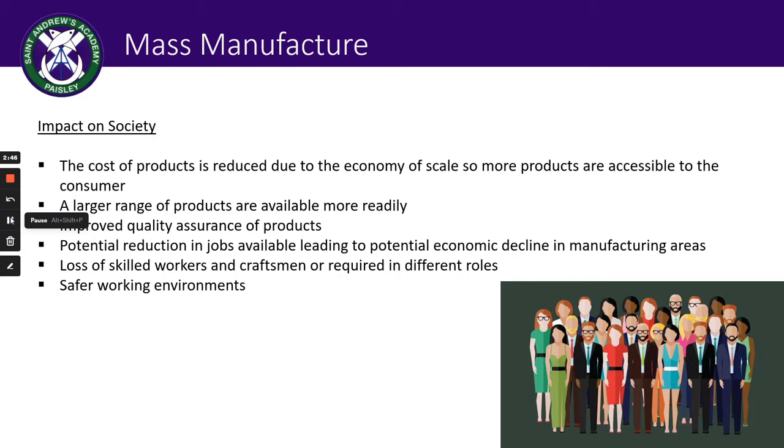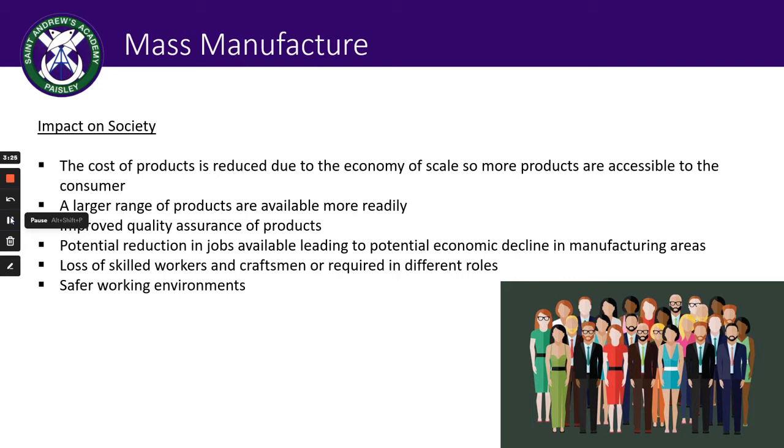And the advantage of this is that it gives people access to lifestyles that they may not have previously had. And what I mean by this, for example, is like people could decorate their house using the latest designs and the latest fashions from somewhere like IKEA, where well-designed products are affordable because of this mass manufacture. It also leads to improved quality assurance, meaning that there's a lot less faults in the product because they're created identically in a controlled process.